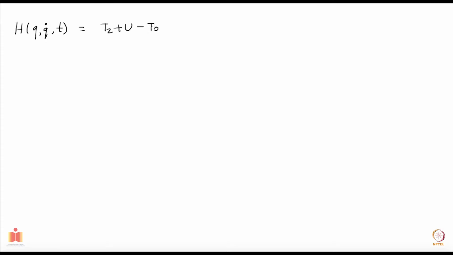I hope you recall this, and if they are explicitly time dependent transformations, then you have T0 and T1 as non-zero quantities, and this is what you get then for the Hamiltonian. And here U is a function of Q only, the coordinates only.